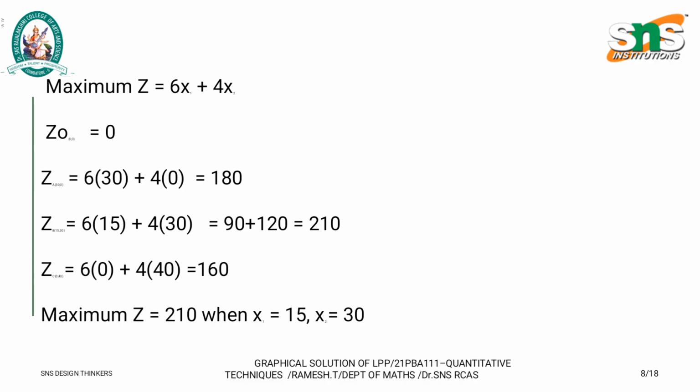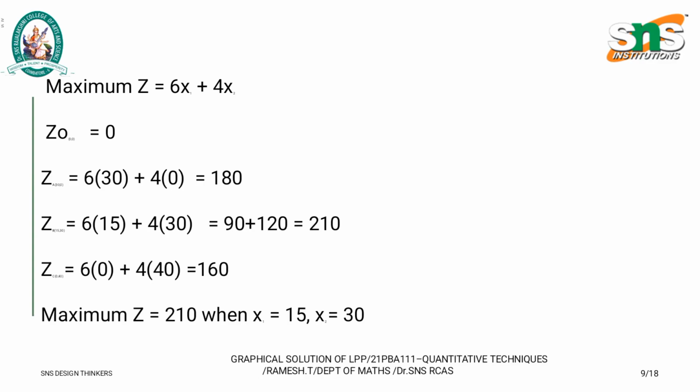We get z at O is 0, at A is 180, at B is 210, and at C is 160. Among these, we consider the maximum value of z, which is 210, at the point (15, 30). Therefore, the maximum z is 210 when x1 is 15 and x2 is 30.